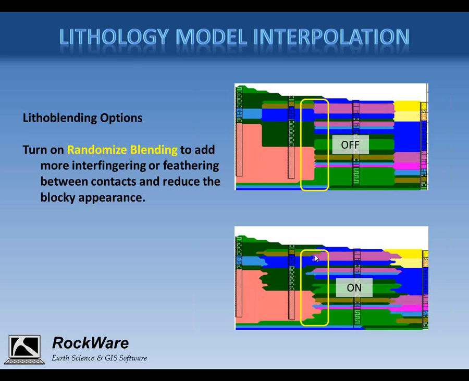Same over here where the more complicated lithology, we get some interfingering going on. Because it is a random type of choice, in the middle here it can go either way, either green or pink. If you recreate this cross-section, we'll get a different look to this feathering. So we don't reproduce the same feathering with each run because it's kind of a random choice.